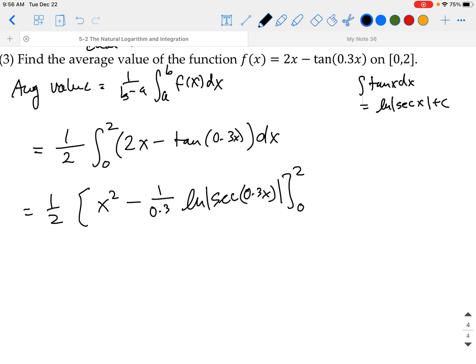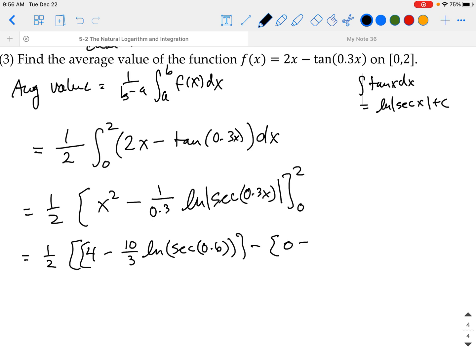So let's go ahead and work that one out. At 2, we'll get 4 minus, so 1 over 0.3 is 1 divided by 3/10, so that's just going to be 10/3, and then the natural log of the secant of 0.6. And then we'll subtract at 0.